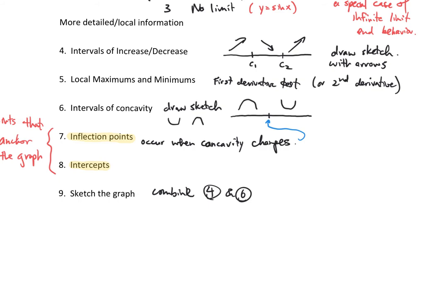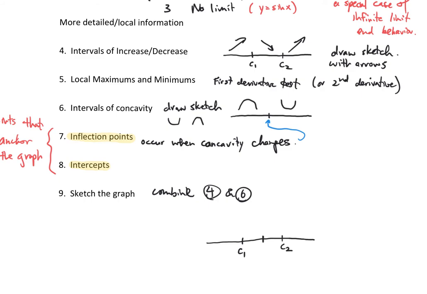Let me show you how that works for this particular example. I'm going to draw a little number line like this. This was my C1 critical value. This is my C2 critical value. This is that inflection point I found. The first section of the graph is going to be right here, and on that section my function is increasing and concave down.